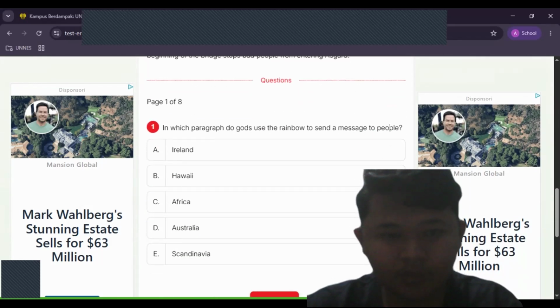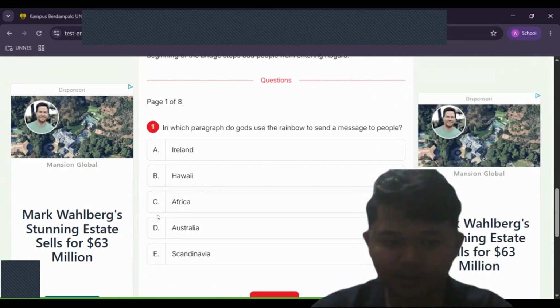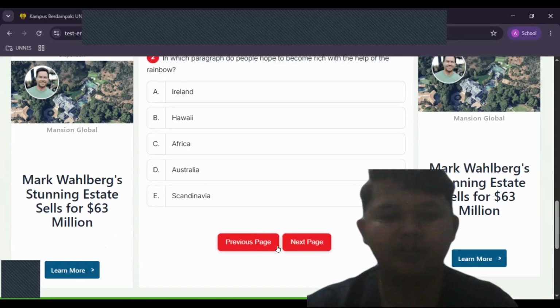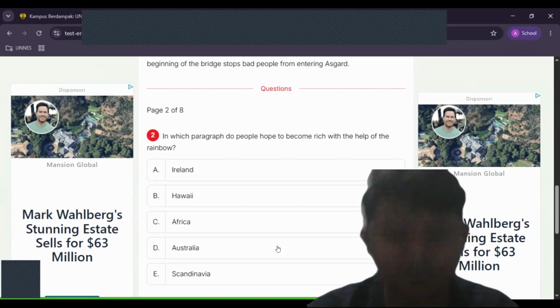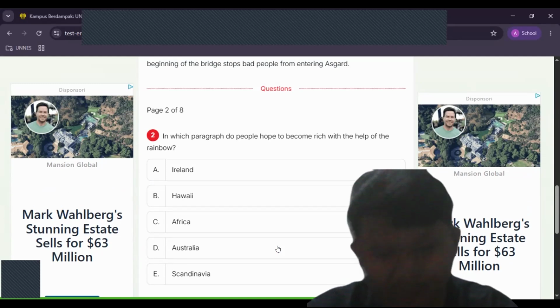What do you think? Okay, let me choose the answer and go to the next page. It doesn't tell us because it will reveal at the end, I think.